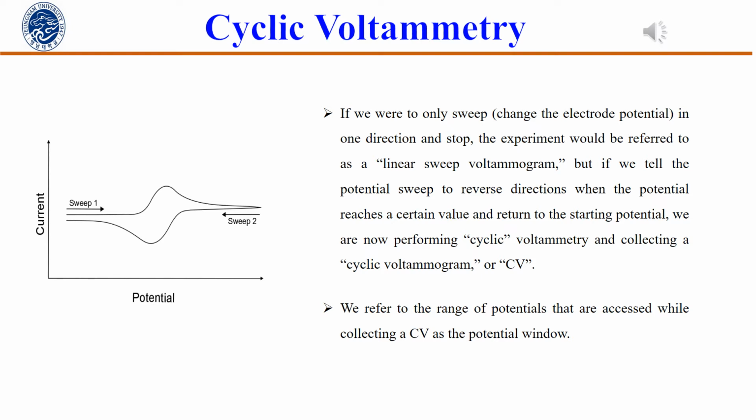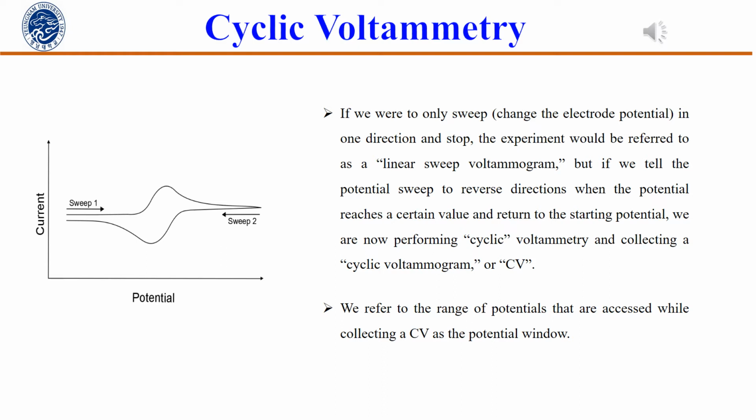If you give instruction to repeat back, that means to complete the cycle, then it is called cyclic voltammogram, or simply we can call this study cyclic voltammetry. So usually the cyclic voltammogram, or simply CV, of an ideal study looks like a duck shaped graph. Here in this slide you can see that.